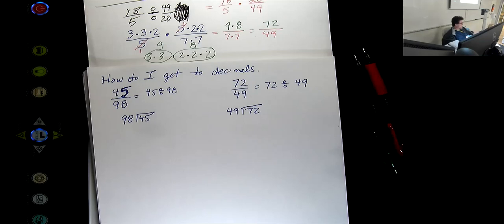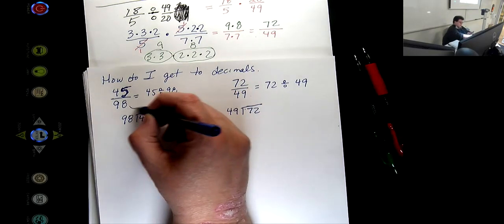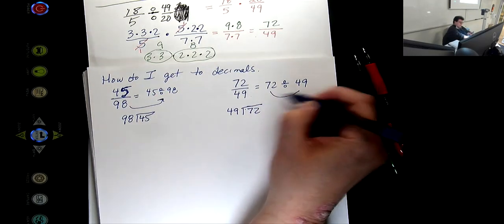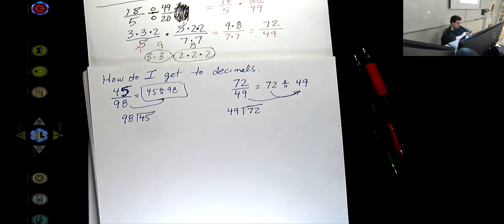You can do this part with a calculator. There's no reason in real life you would stop to go slowly with this. So if you write it in this form, switch the fraction to this form to help you remember. This is literally what you put in the calculator.